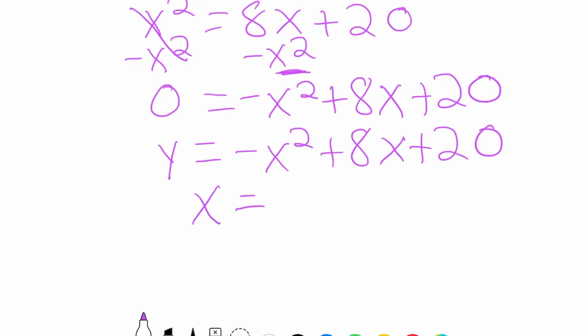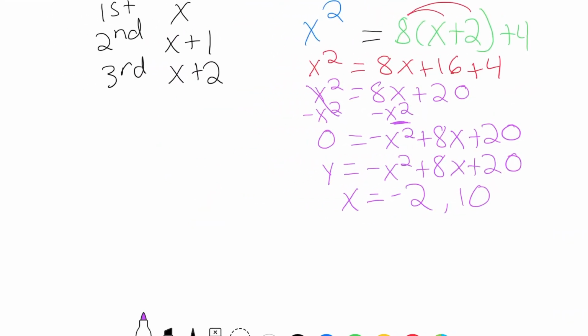Now for our 0, our root, our solution, on the left side, we get -2. And on the right side, we get 10.